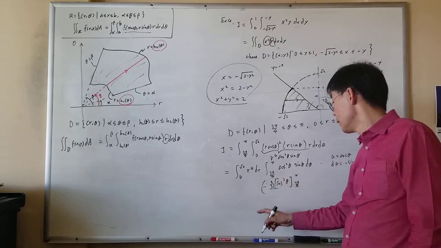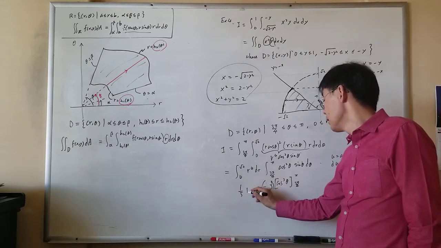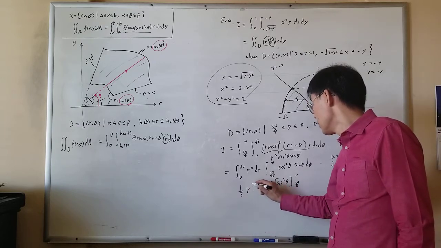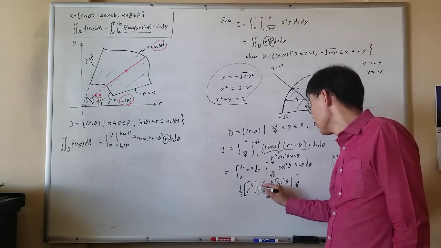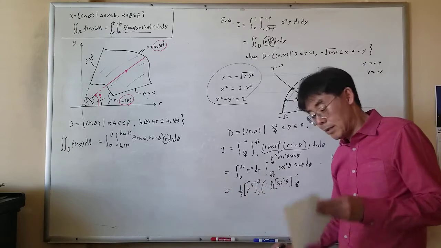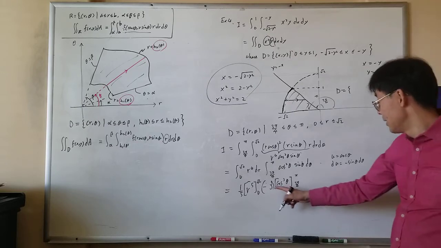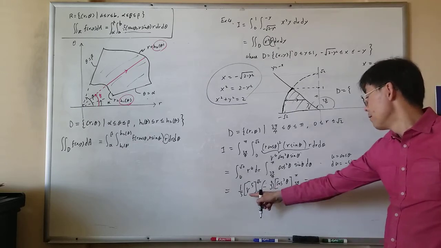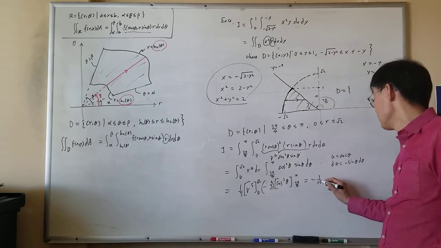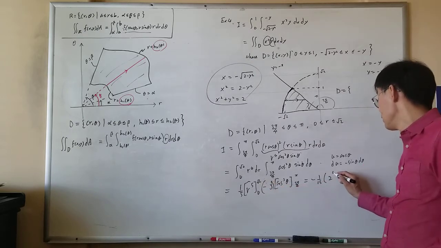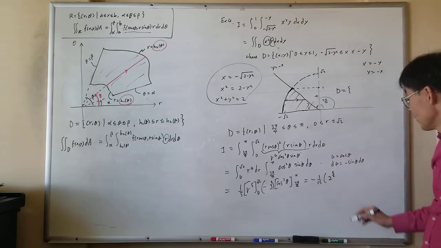Okay? And this one is 1/5 r to the fifth, from 0 to square root of 2. Then you can finish. So minus 1/15, 2 to the 5/2.